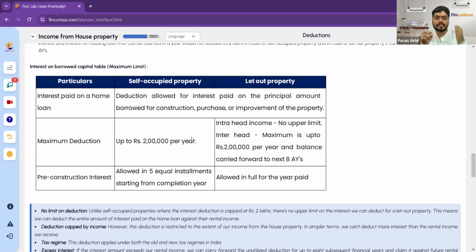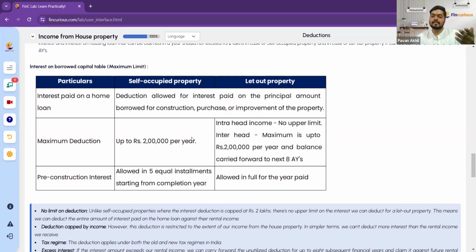What is that maximum deduction clause telling? For a self-occupied property, it is maximum up to 2 lakhs per year. If it is a let-out property, intra-head income. What do you mean by intra-head? If there is income from house property from a let-out property, then there is no limit. However much income is there, that will be set off, minus, and only the balance will be carried forward.